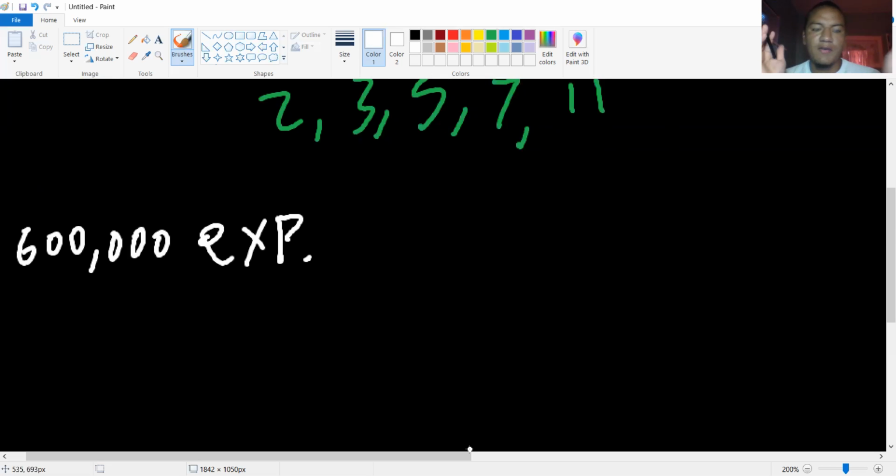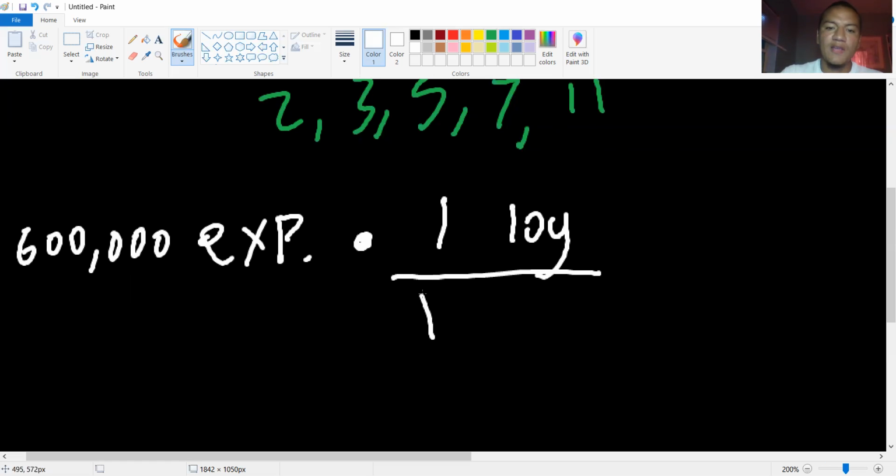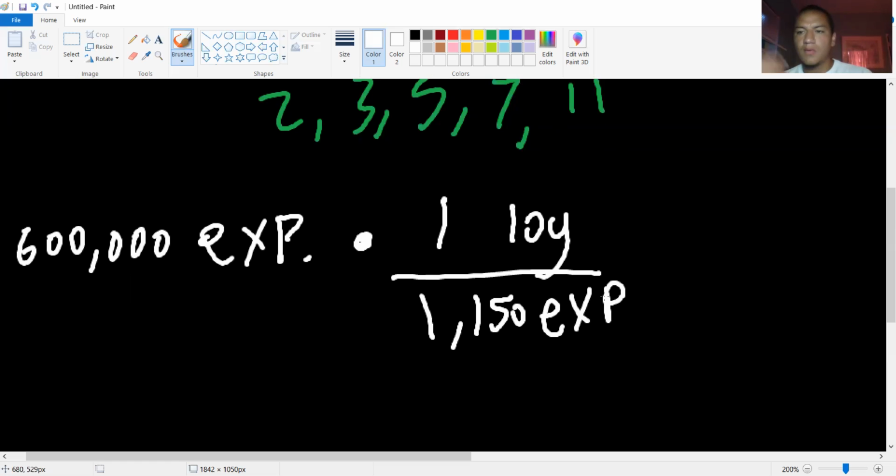And if I wanted to find out how many logs I needed to cut, I would just multiply. I know that each log gives me 1,150 experience.